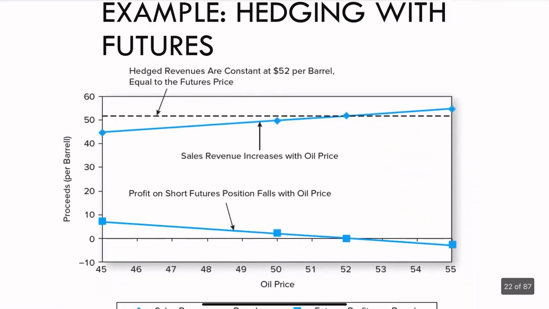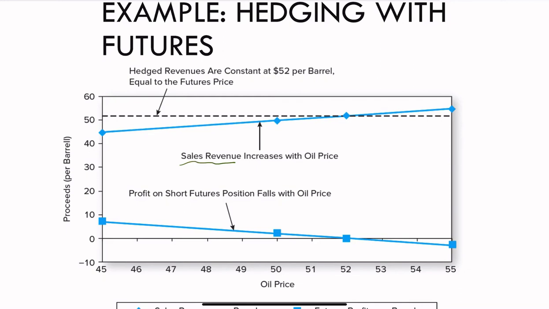Okay, we can see this from this nice picture here. First we have two blue lines, right? The top blue line is the line for sales revenue from your oil position. The lower blue line is the profit from your futures position.